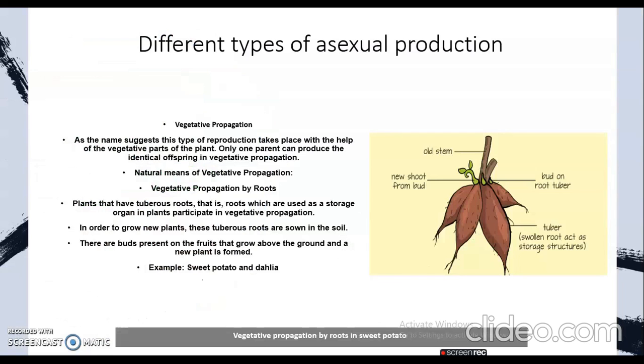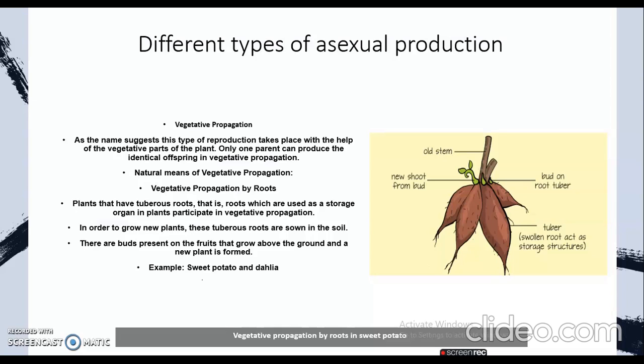Different types of asexual reproduction. So the first one is vegetative propagation. By looking at the name, you know that this type of reproduction takes place with the help of vegetative parts of the plant. Only one parent can produce their identical offspring in vegetative propagation.